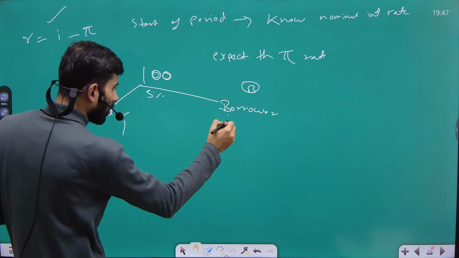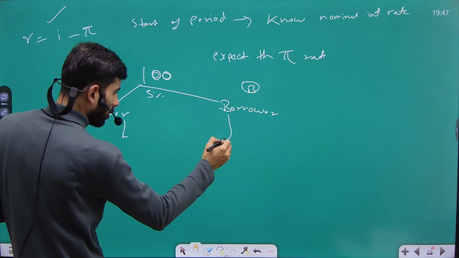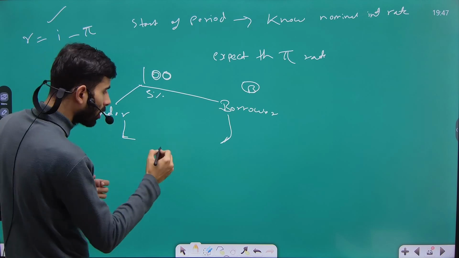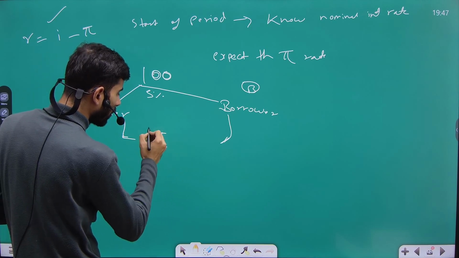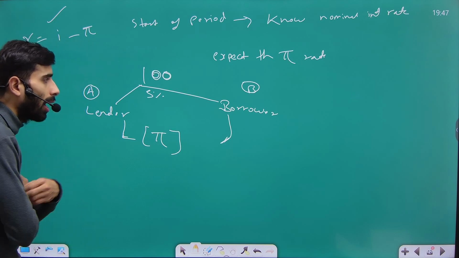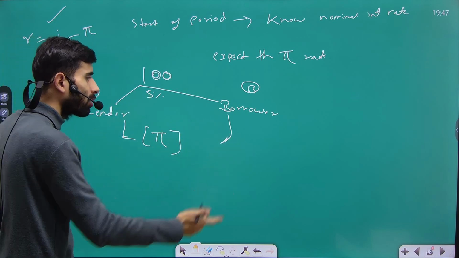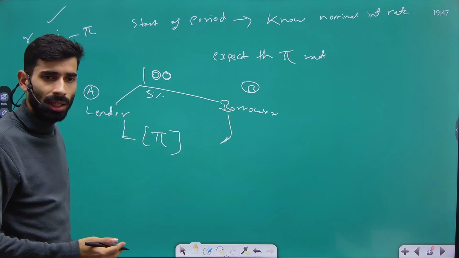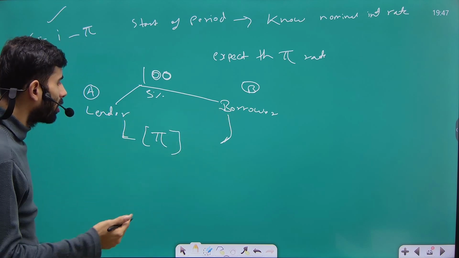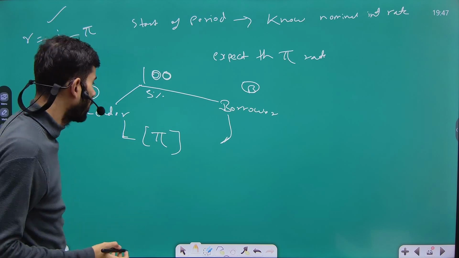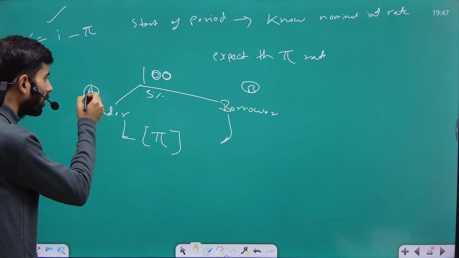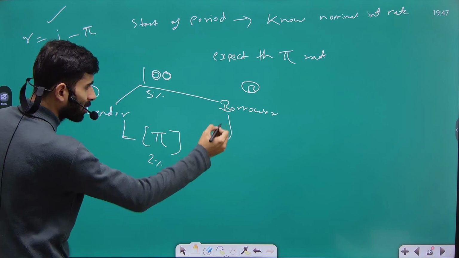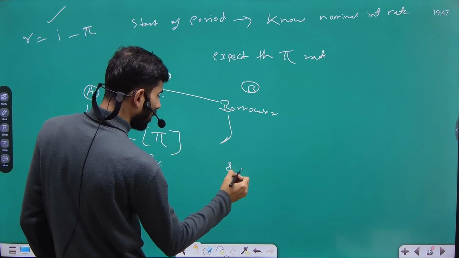But the real equation comes in when we consider the inflation rate. At this point of time, both of them don't know what is going to be the inflation rate in the economy. So both person A and person B make an educated guess about what the inflation rate is going to be. Suppose person A thinks the inflation rate will be only 2%, while person B thinks the inflation rate will be 8%.